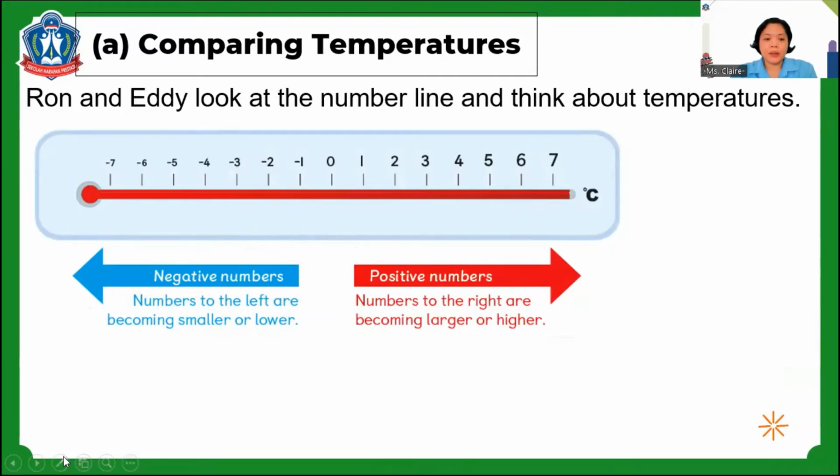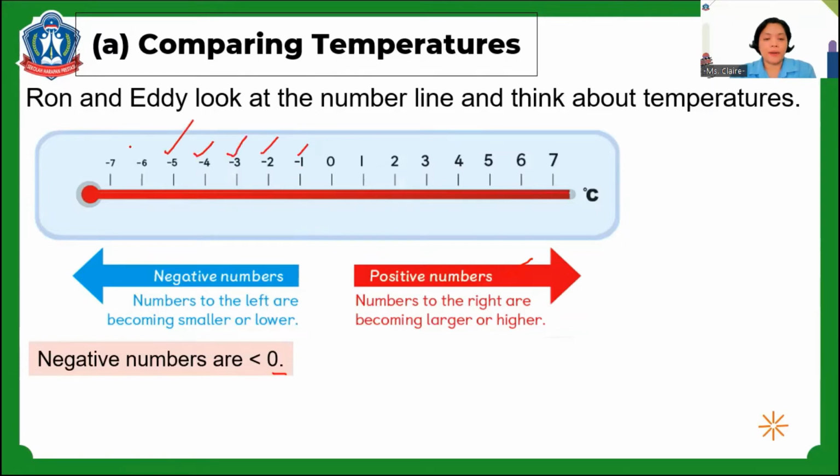The numbers to the right, the positive numbers, are becoming larger or higher. So negative numbers are less than 0. What are the negative numbers? Negative 1, negative 2, negative 3, negative 4, negative 5, negative 6, and negative 7. So they are smaller than 0.